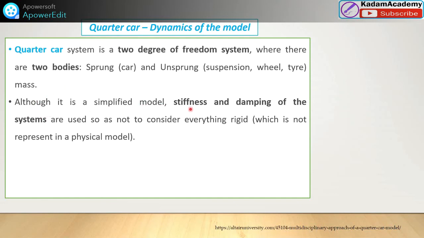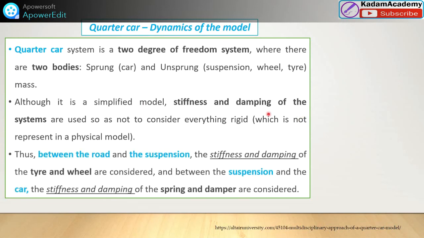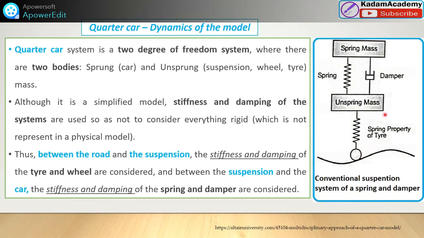Although it is a simplified model, the stiffness and damping of the systems are used so as not to consider everything, and it does not represent the full physical model. So hence, between the road and the suspension, the stiffness and damping of the tire and wheel is considered between the suspension of the car.